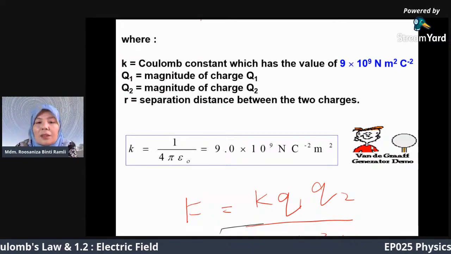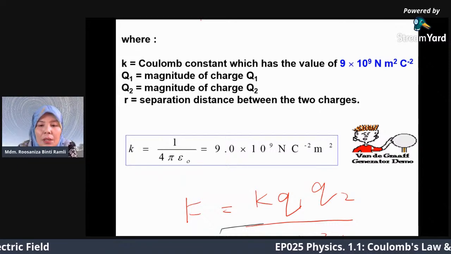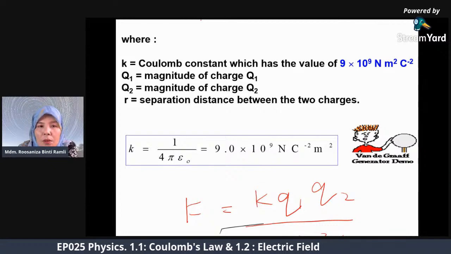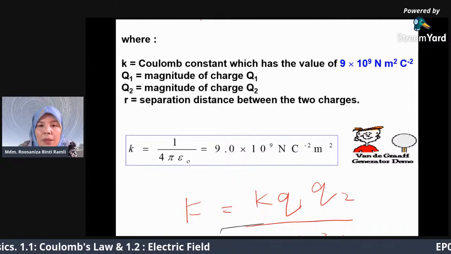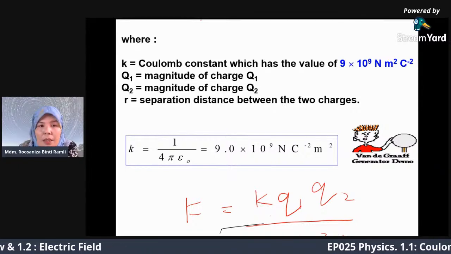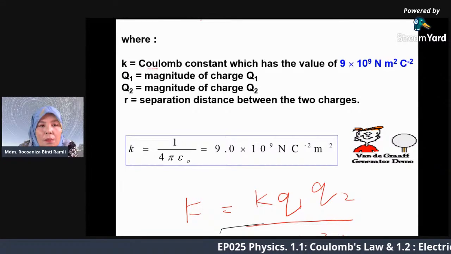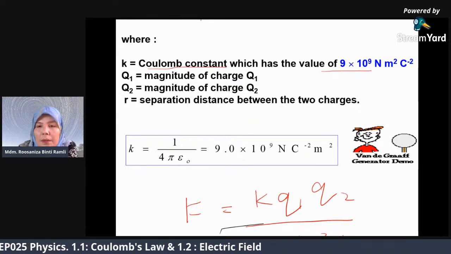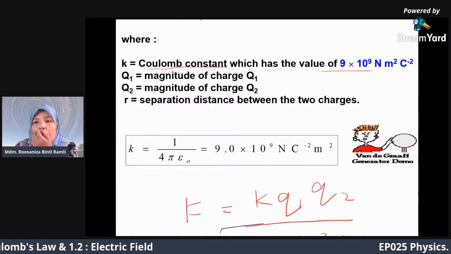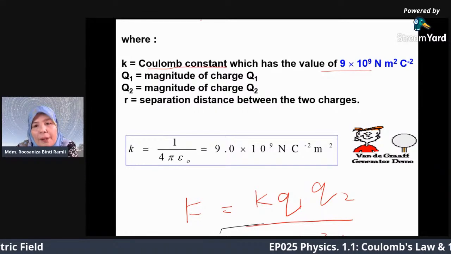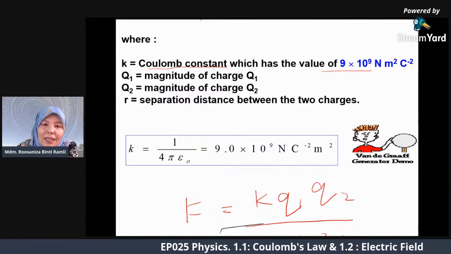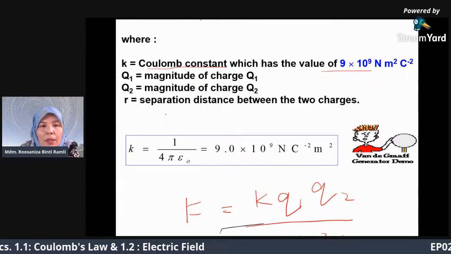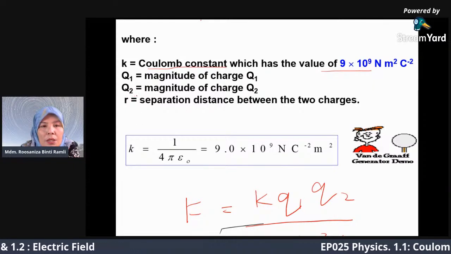Okay, again. For Coulomb's law, we have the equation F is equal to K Q1 Q2 over R square. From this equation, we have the parameters. K is the Coulomb constant. The value of the Coulomb constant is 9 times 10 to the power of 9 Newton meter square per Coulomb square. Q1 is the magnitude of charge 1 and Q2 is the magnitude of charge 2.